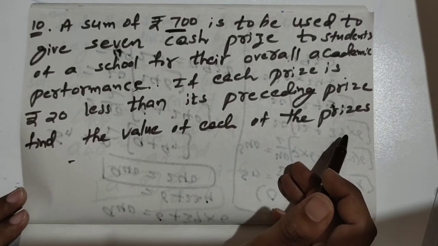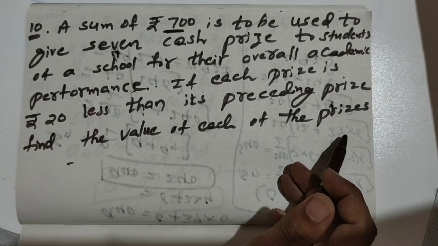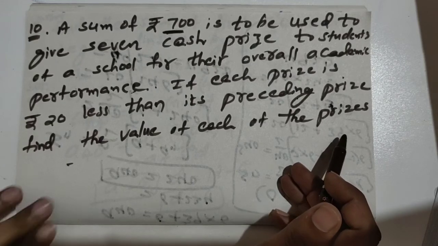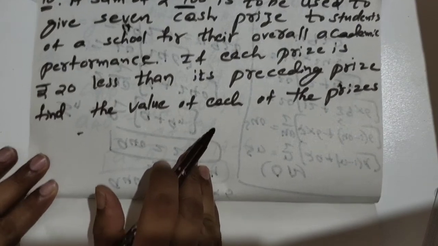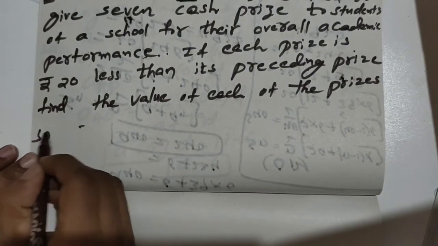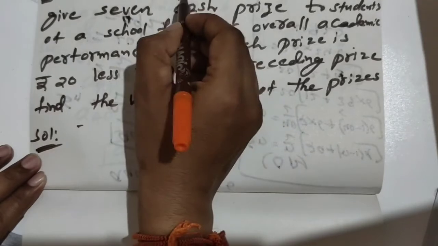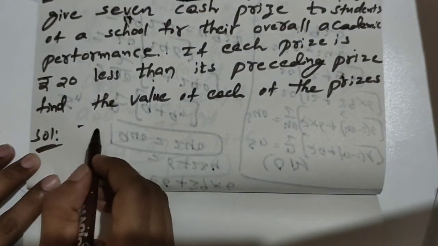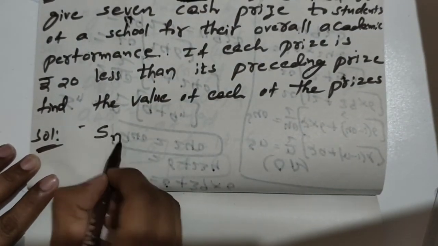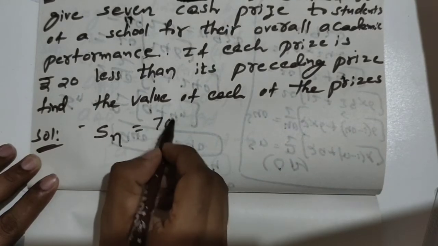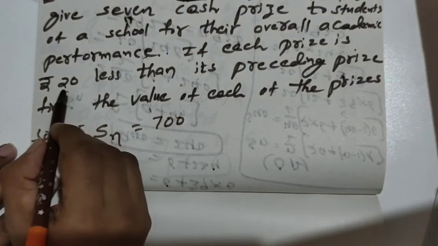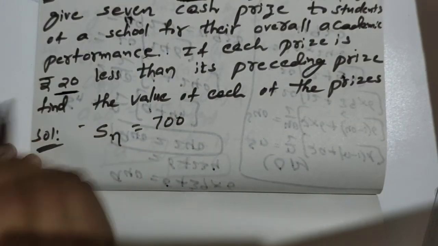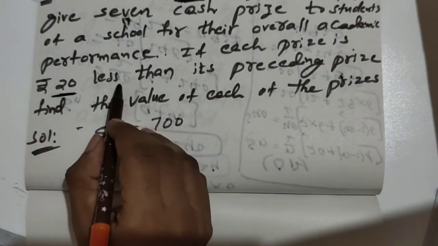Okay, so by this we have to find the prizes. First, the sum of the prizes we have, that is we must use Sn. So Sn is equal to what? 700. And each prize is 20 less than its preceding.